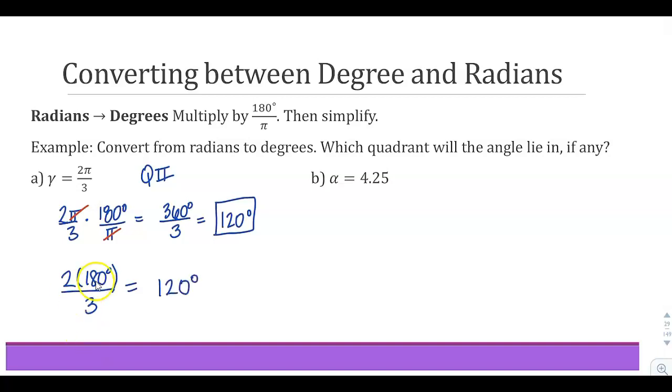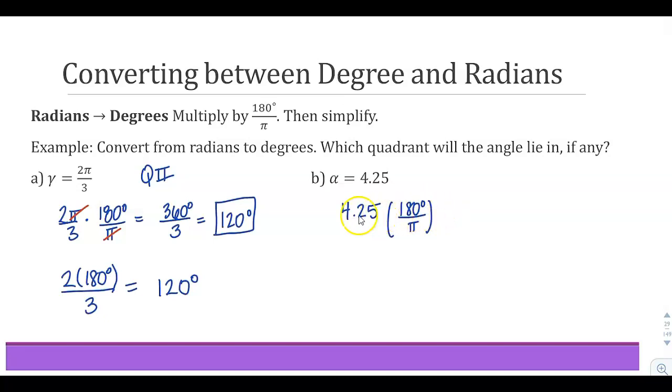But we could see here in part B that we have 4.25, and this is in radians, right? It doesn't have a degree symbol, so it is in radians. So to convert this, we do have to multiply by 180 degrees over pi to introduce the units of degrees.